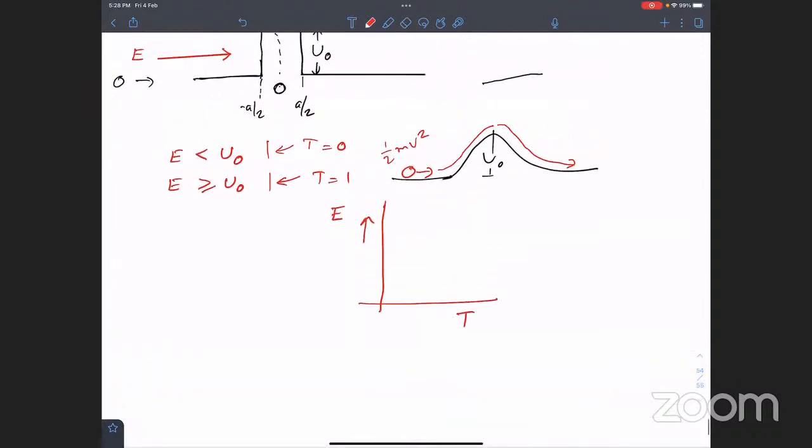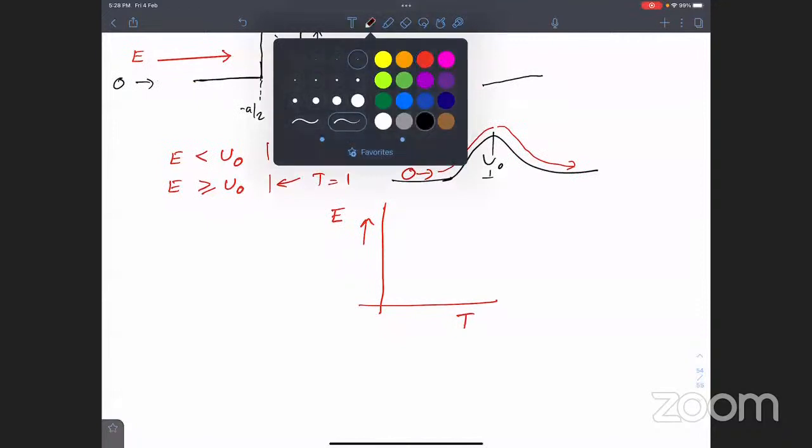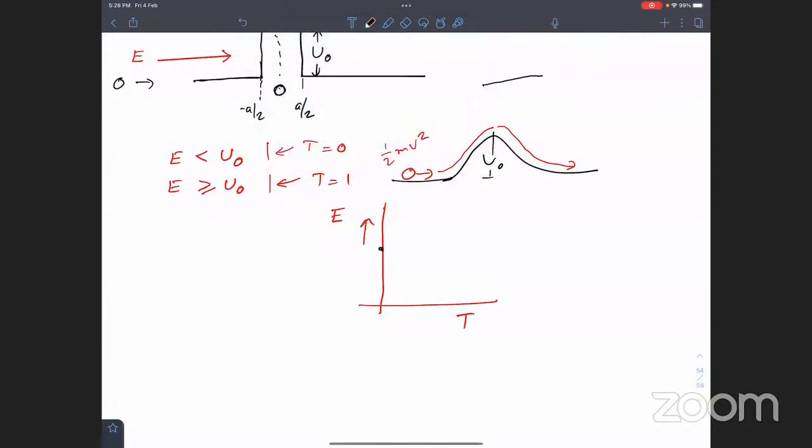Okay, and here we're going to make a mark of a point U naught. This U naught is our threshold. So if we now plot the transmission as a function of energy, pure classical, we expect it to do something like that. And transmission can only go from 0 to 1, obviously.